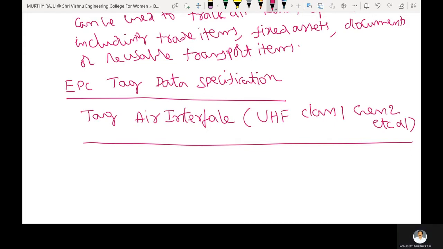Okay. The class 1 generation 2, or generation 2, is a technical standard. It is a protocol.